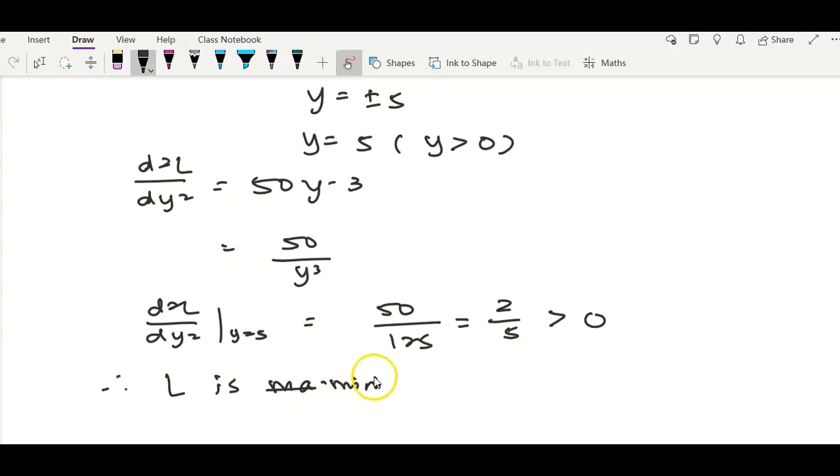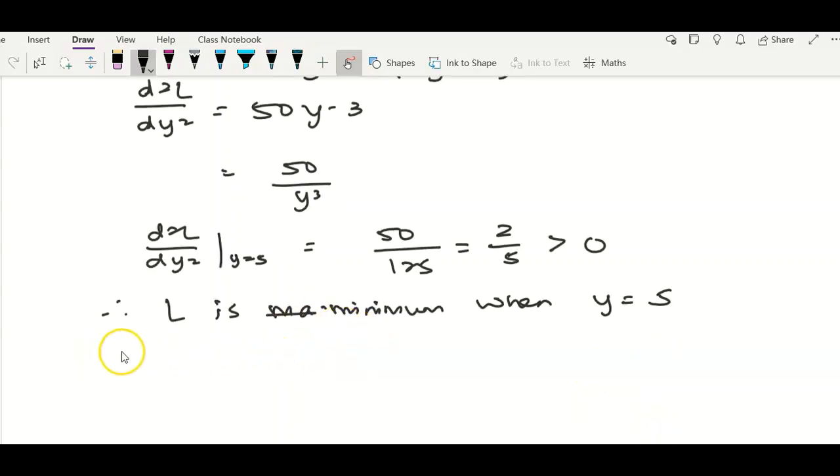L is minimum when y equals 5. We are not interested in the value of y, but the question wants the minimum value of L.